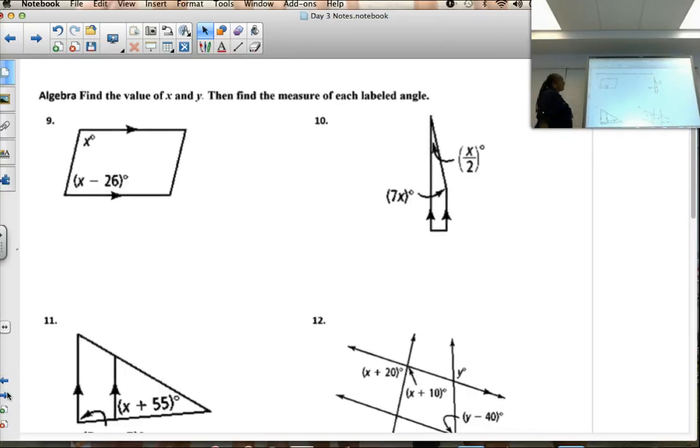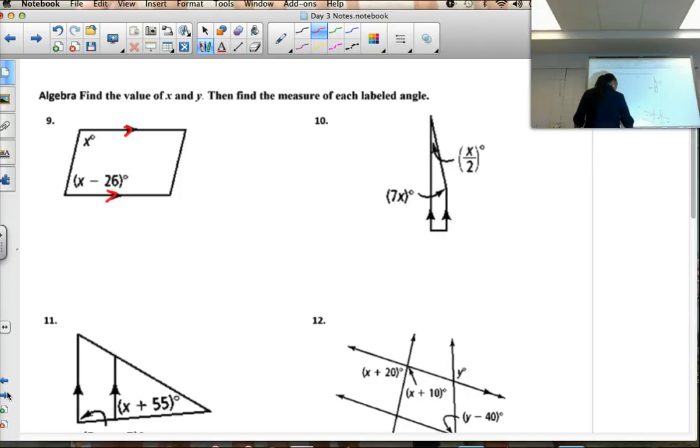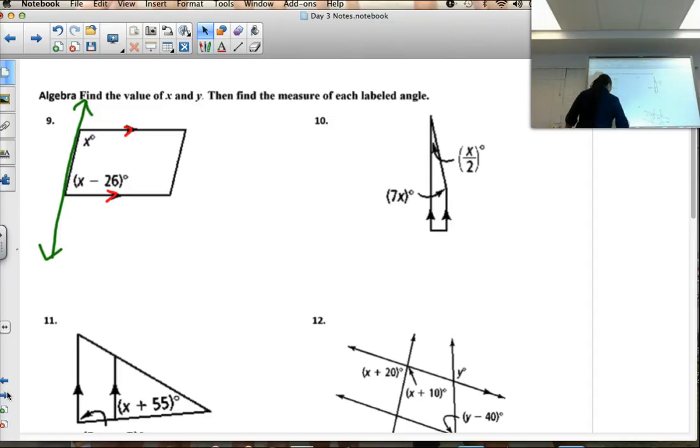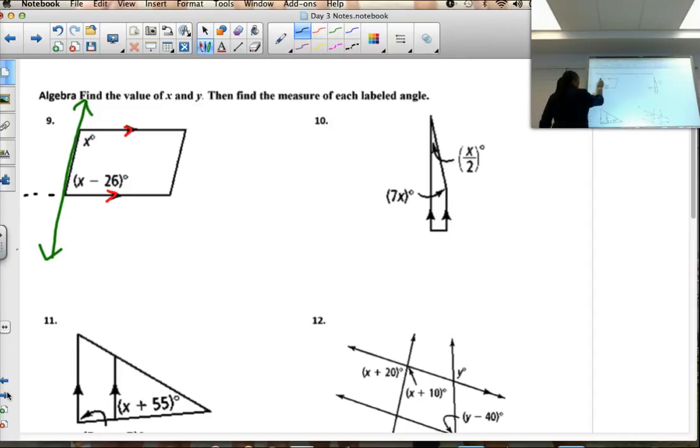Notice something here. On this diagram, I have a pair of parallel lines. And if I have a pair of parallel lines cut by a transversal, see how that's a transversal? If I were to extend these lines, you could see it looks just like our other picture, right?